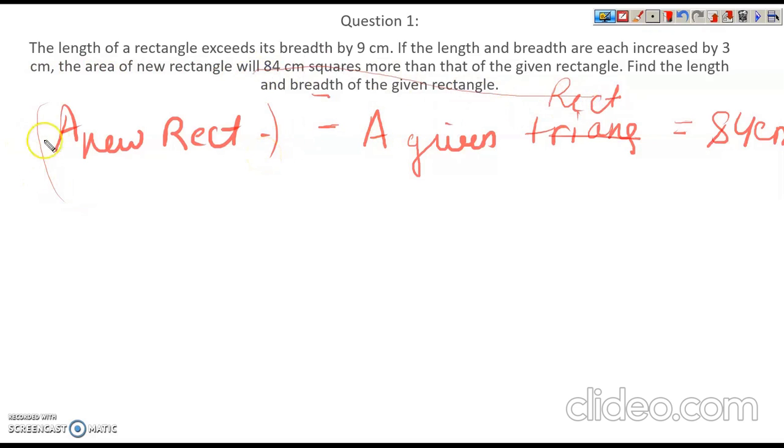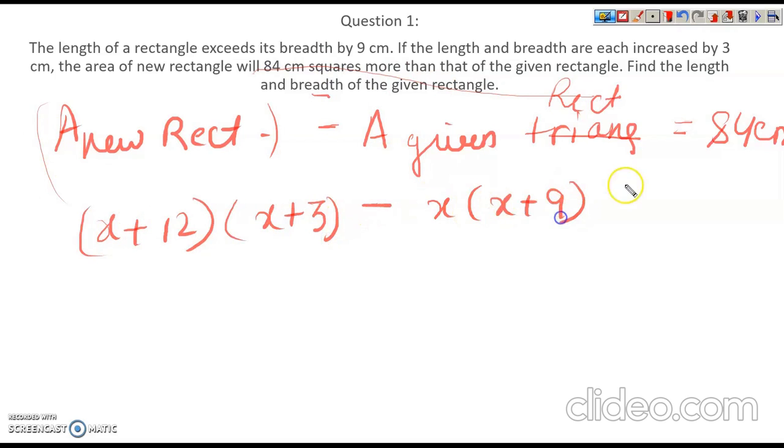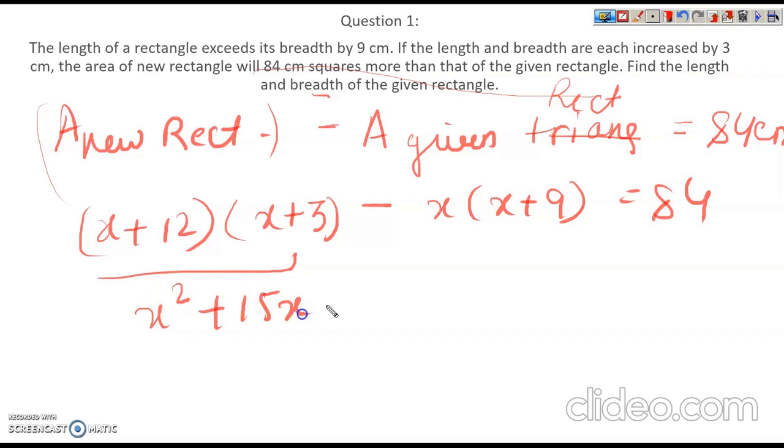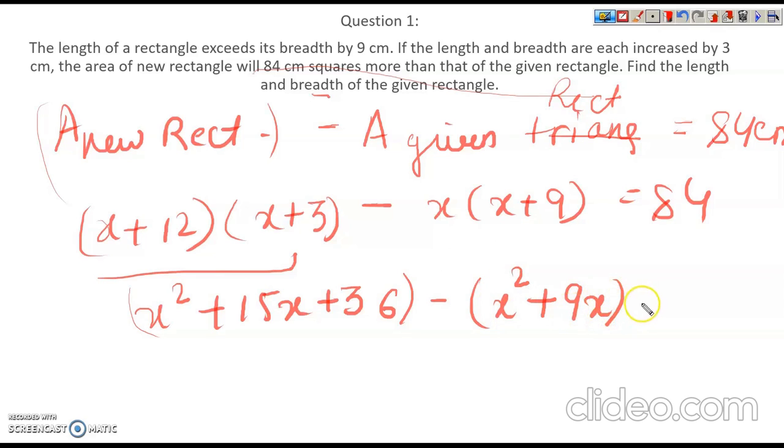So now x plus 12 and x plus 3, this was the area of our new rectangle, minus x plus 9 times x, is given 84. Now when we solve this, we will get x squared plus 15x plus 36, in brackets, and then minus x squared plus 9x, equals 84.